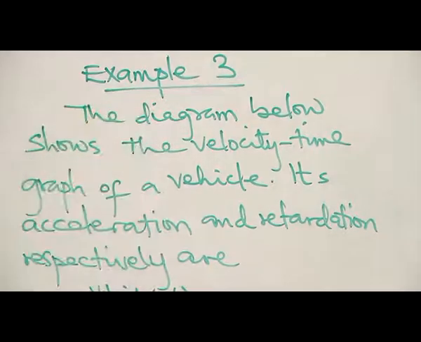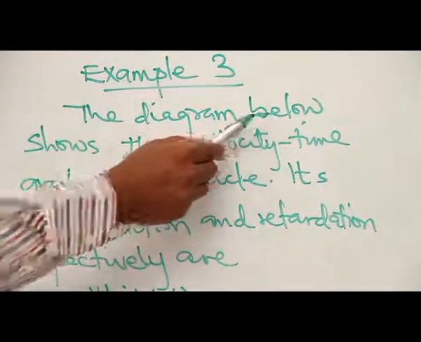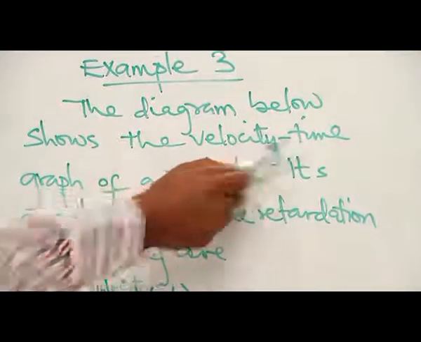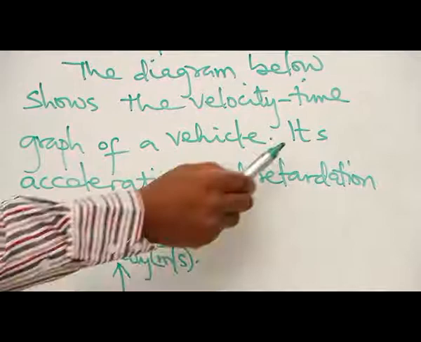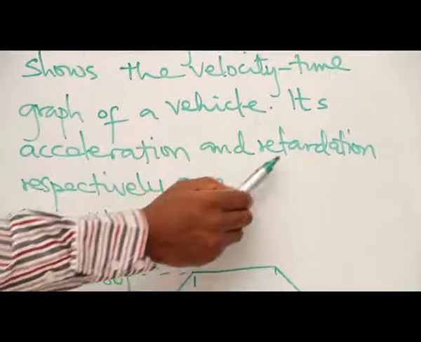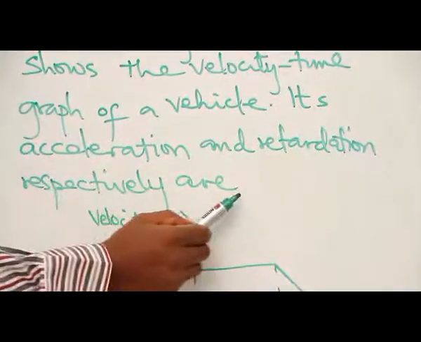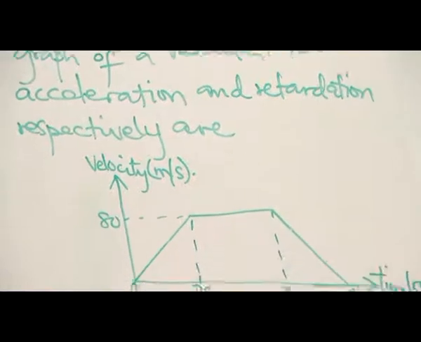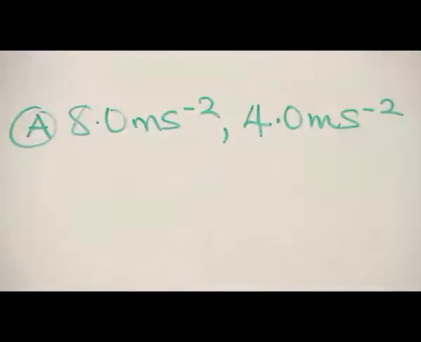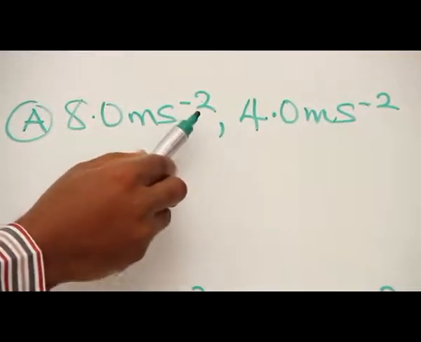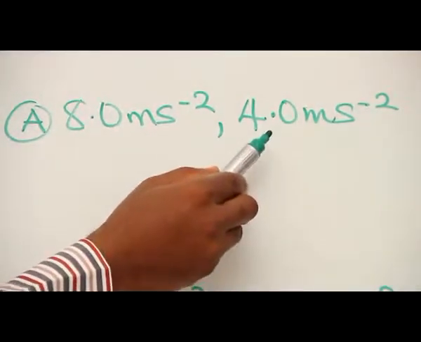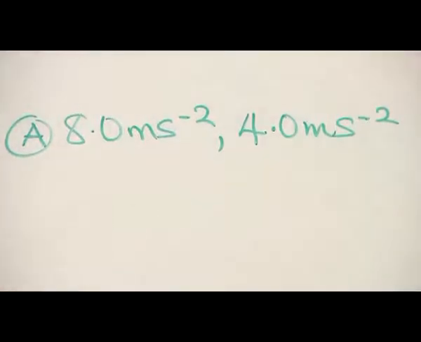Example 3. The diagram below shows the velocity time graph of a vehicle. Its acceleration and retardation respectively are: A, 8 meters per second square and 4 meters per second square.